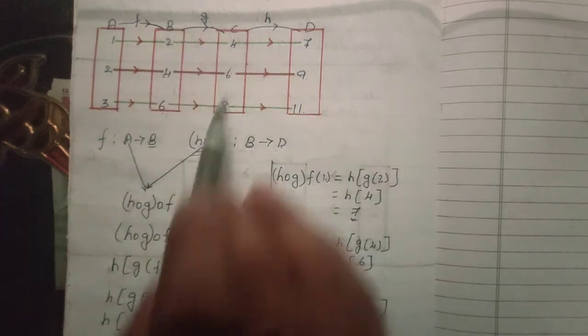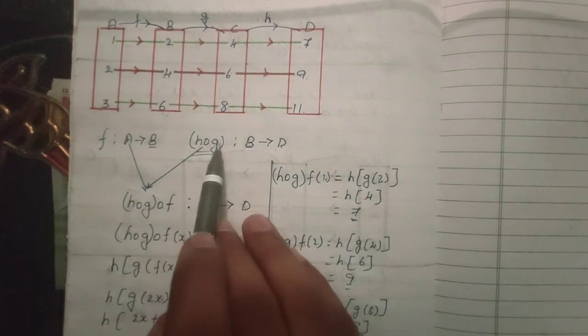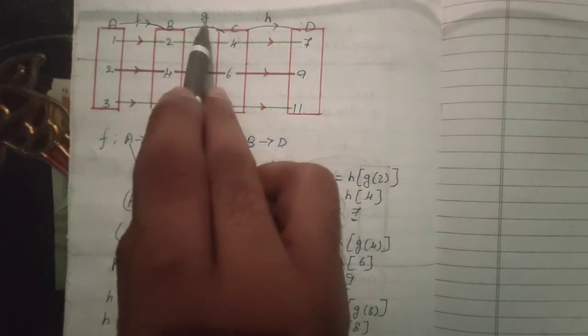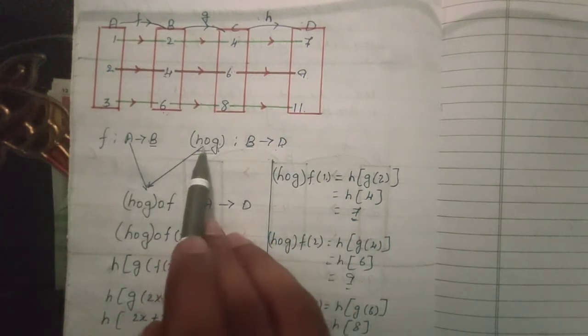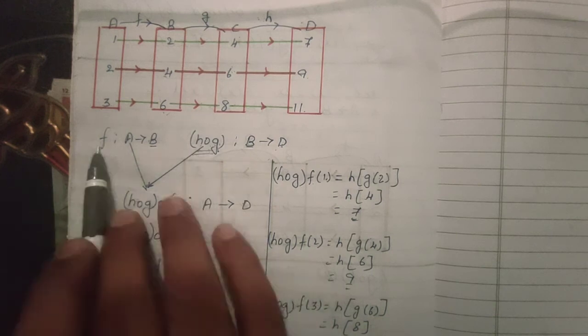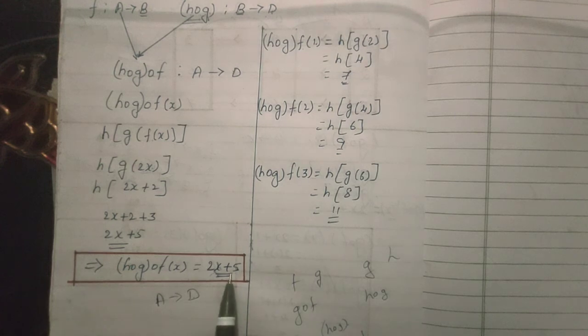So these two I combine into one function. This is another function. This combined function I consider as one function. Then I combine these two functions and I got this condition.